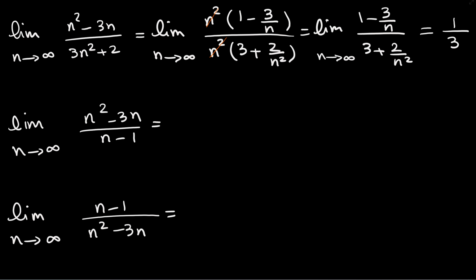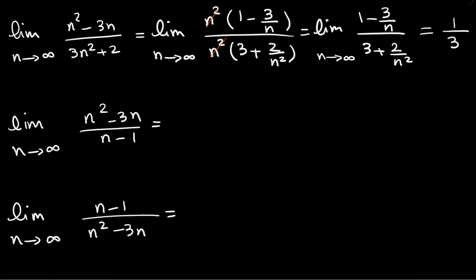How about the next question? What is the degree of the numerator? The degree of the numerator is 2, but the degree of the denominator is 1. So they don't have the same degree, and that rule cannot be applied here. So what should we do? Definitely we factor n squared from the numerator and denominator and simplify.